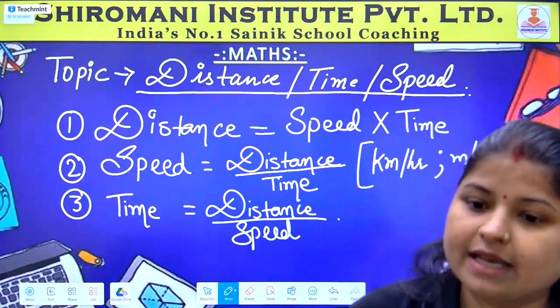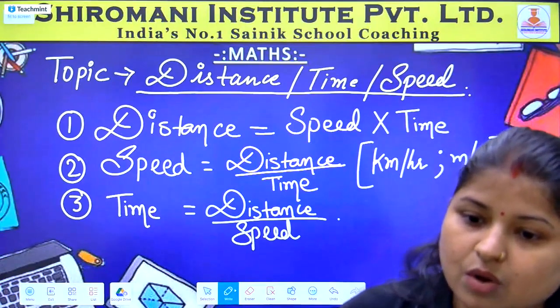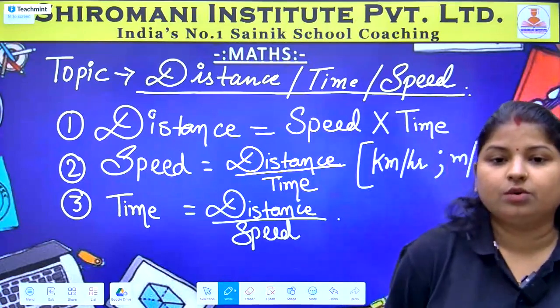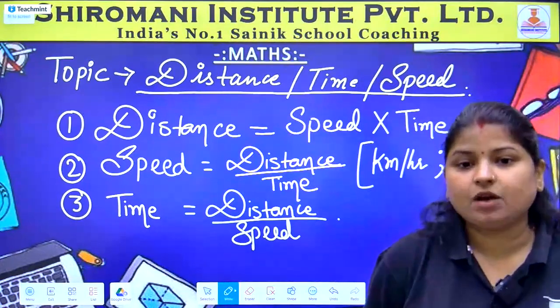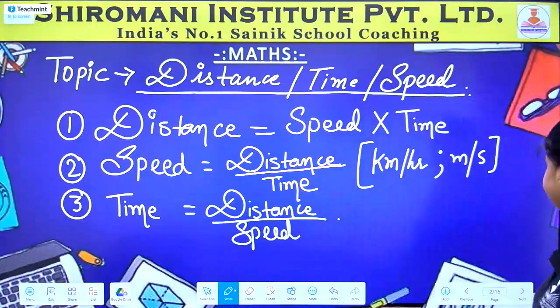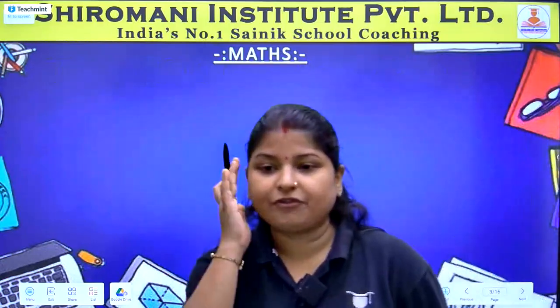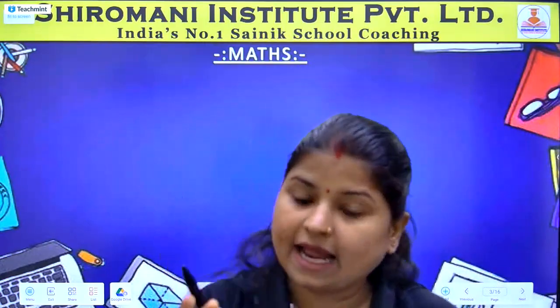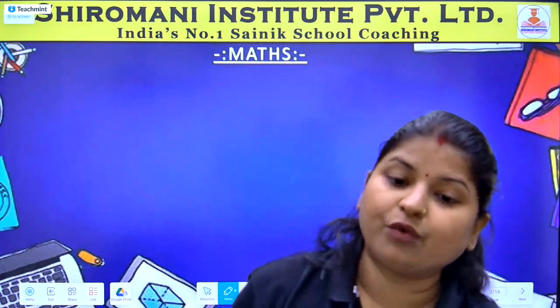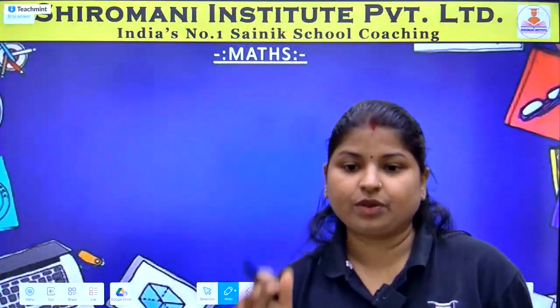Okay. Now, one more thing that we have to remember is what type of question comes in the examination. So these three are the basic formulas. Now just keep the formulas in your mind, and when you have the formulas in your mind, everything will seem easy to you.